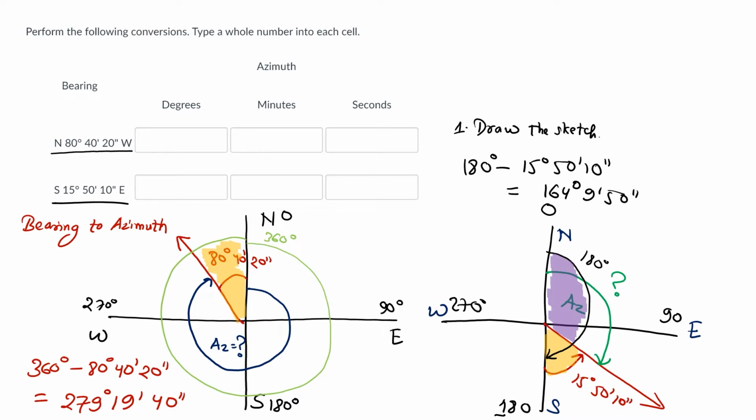So this is the azimuth of this line given the bearing. This is how we convert bearing to azimuth.